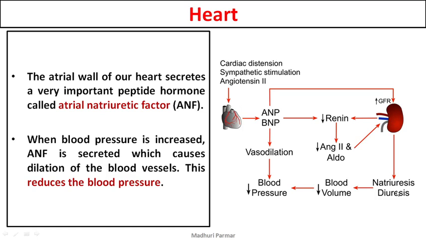This reduces the volume of blood. When water is excreted from the blood in the form of urine, the blood volume decreases. If the blood volume decreases, the blood pressure also decreases. And this is how atrial natriuretic factor takes care of high blood pressure.